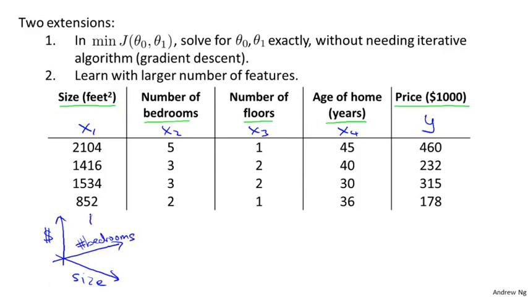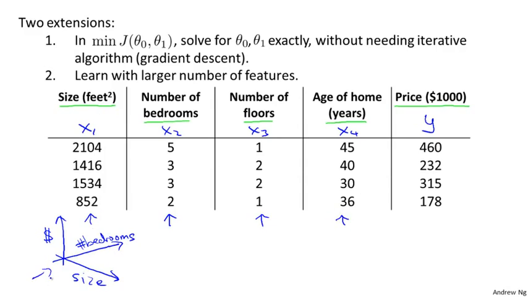But this is just plotting my first 2 features, size and number of bedrooms, and when we have these additional features, I just don't know how to plot all of this data, because I need a 4-dimensional or a 5-dimensional figure. And I don't really know how to plot something more than a 3-dimensional figure, like what I have over here.